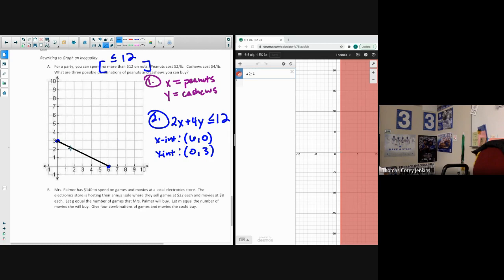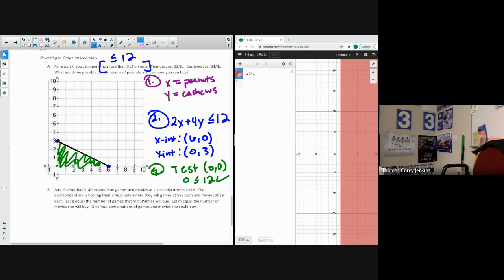So now we're gonna interpret our graph after we shade, of course. So 0, 0 test to shade. That's going to give me 0 plus 0 is less than or equal to 12. That would be true. So we want to shade the 0, 0 side. So below.